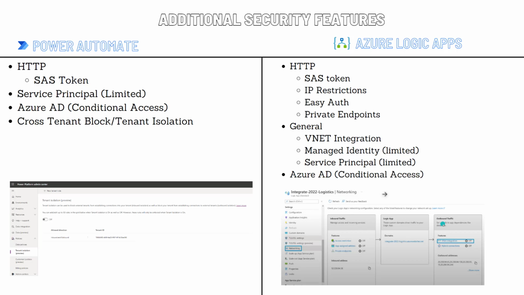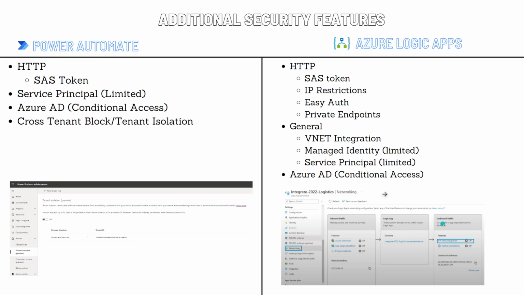Perhaps that VNet is peered with on-premises resources, and then you could say only receive requests from that specific VNet itself. So it's another good way of trying to isolate traffic that's not using the IP restrictions way, but basically making that private, hence the name. Some other general security features that are supported, so that VNet integration, the ability to connect to a VNet.